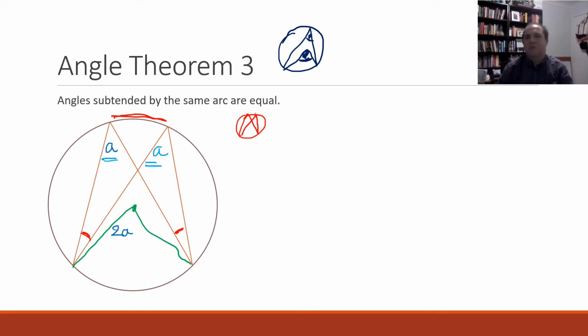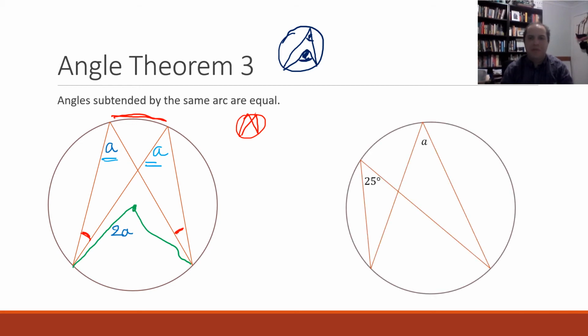There's our symbol that we use to justify our angles and that we can use as proof in our geometric proofs regarding circles. So looking at an example here, we've got A and 25. Those angles must be the same because they are angles subtended by the same arc, using that symbol there. And that's all there is to it. Those angles subtended by the same arc must be equal.